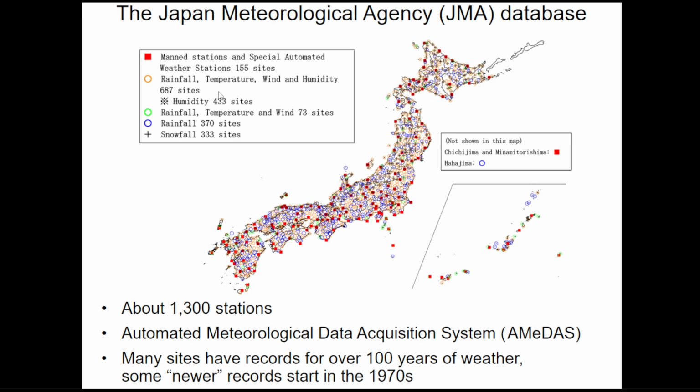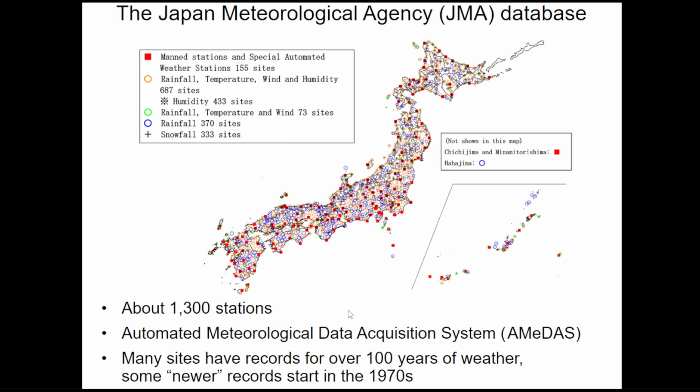And then there are smaller but full weather stations that measure rainfall, temperature, wind, and humidity. There are some smaller, more limited stations that just do rainfall, temperature, and wind. I think some of those are often at airports. And then just rainfall, rain gauges, or snowfall gauges.